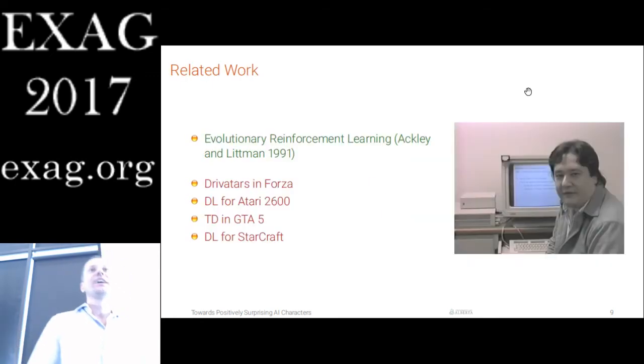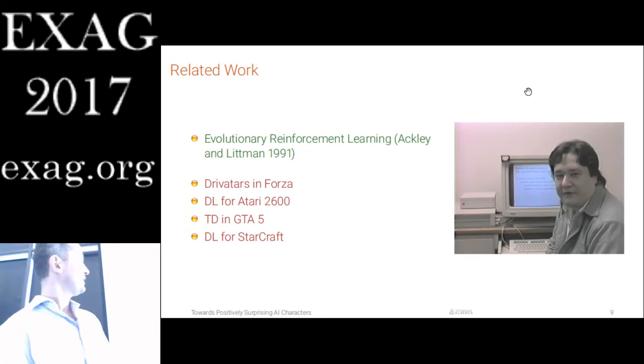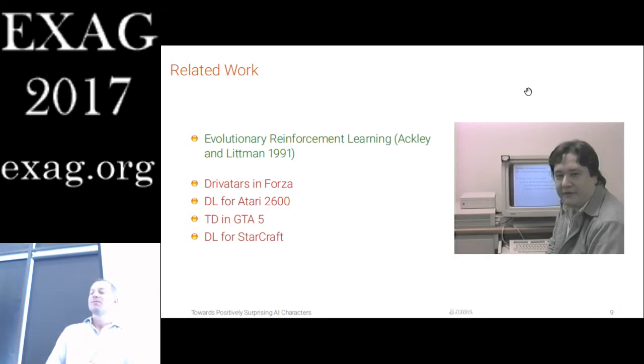So what's the related work here? There's quite a bit, and I'm probably missing a lot, so if anybody has suggestions, I'll be very happy to hear them. One of the older pieces of related work is by David Ackley and Michael Littman, published in '91 in one of the AIIDE conference proceedings. They were both at Bell Labs at the time, and they asked the question, in the reinforcement learning setting, where does reward come from?